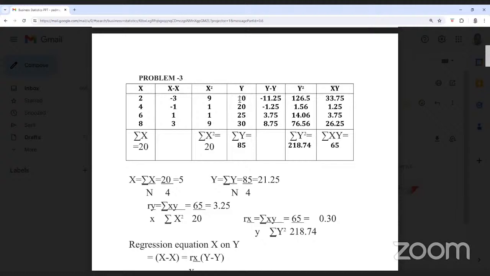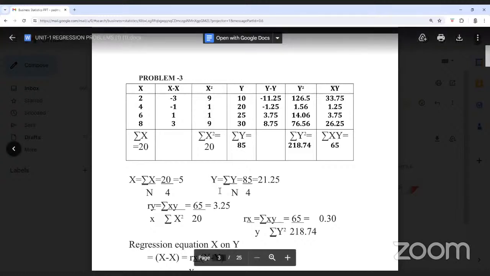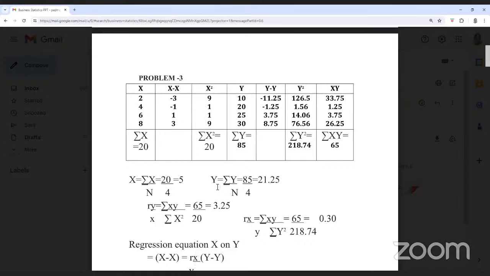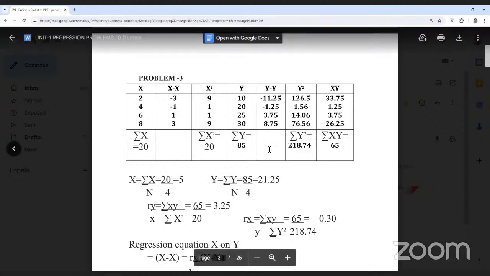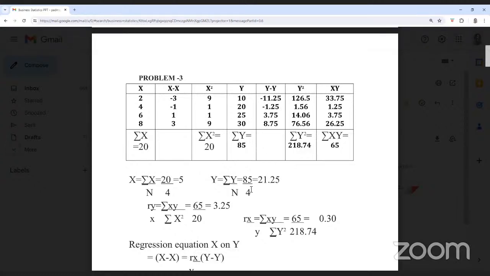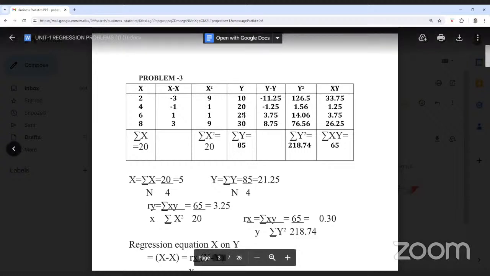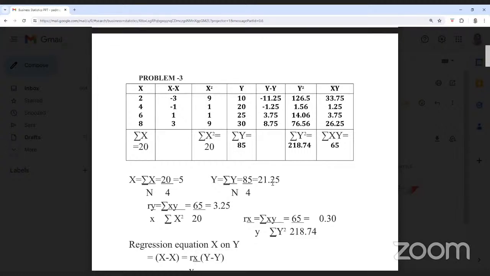Okay. Now, y value. Sigma y, it is 85. So here I have to find out the y mean. That is sigma y divided by n, that is 85 divided by 4. 4 are the observations. That is 21.25.